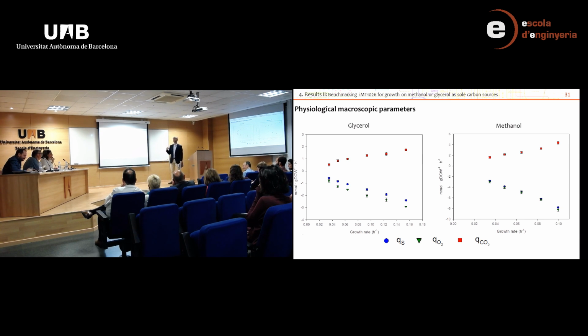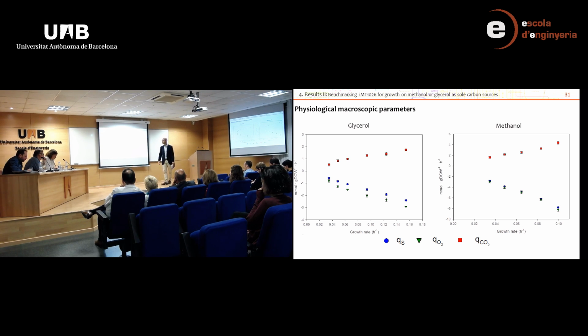In fact, we did want to check what the maximum growth rate on methanol was. So we performed the chemostat cultivations, and the last condition we tried was 0.13, which we knew may be over the maximal growth rate. So we wanted to check how far we can go with the dilution rate.